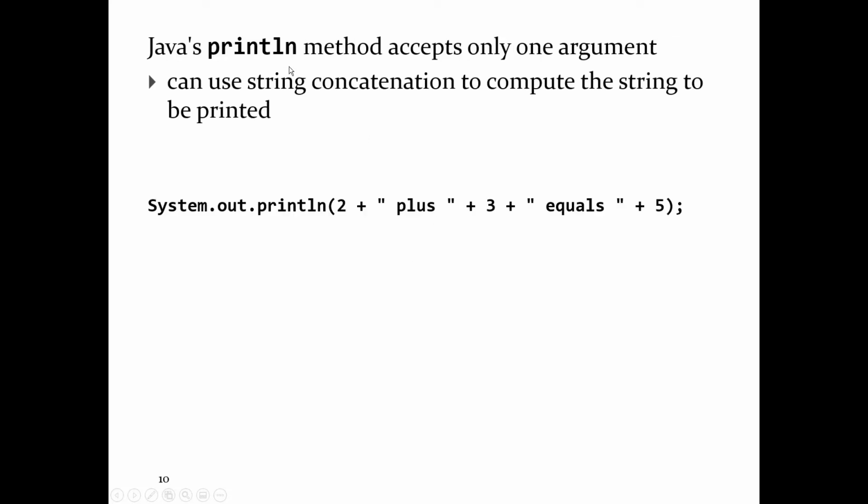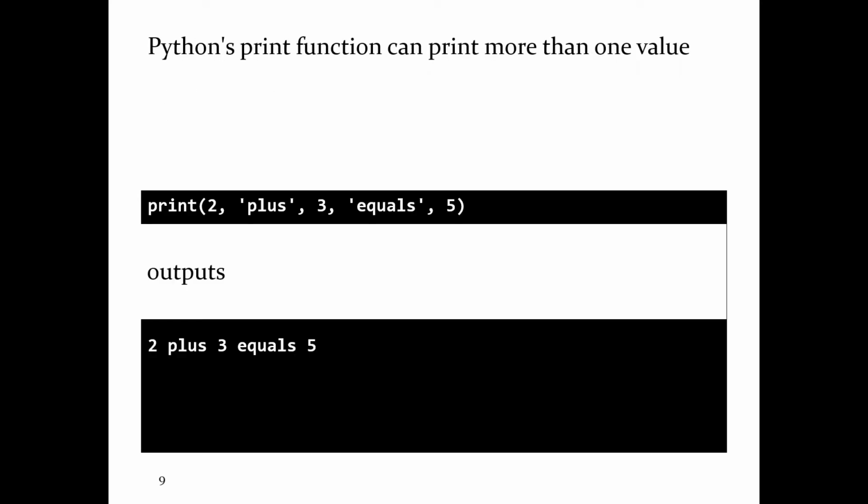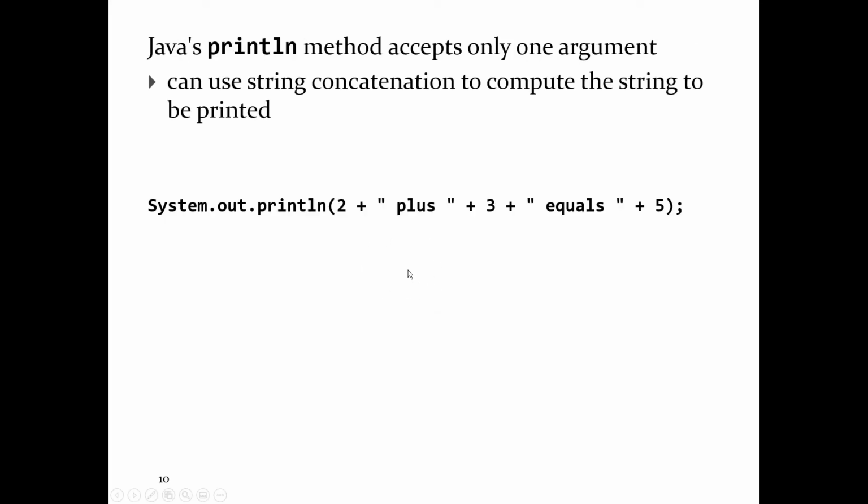Java's println method only accepts one argument. So if you want to print out something like 2 plus 3 equals 5, and you have all of these values stored separately, then you have to do something else.